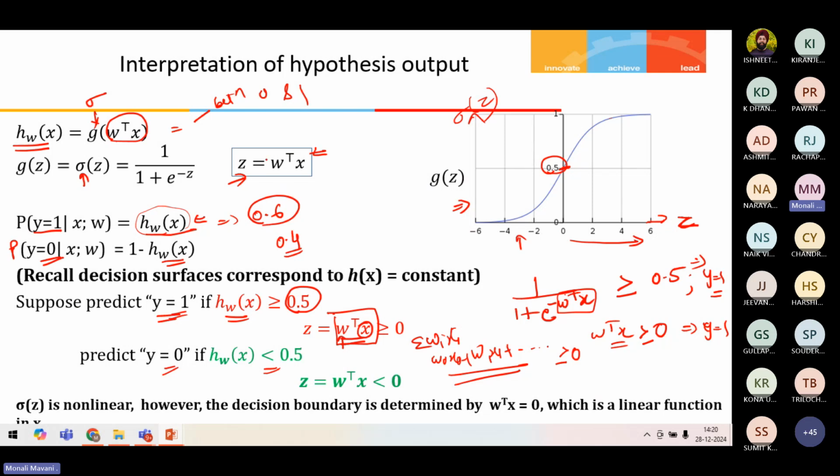Z is just w transpose x, which is a real number. It could be any high number. We are passing it through a sigmoid function, which gives us an output between 0 and 1. Is that the correct understanding? Yes. Okay.